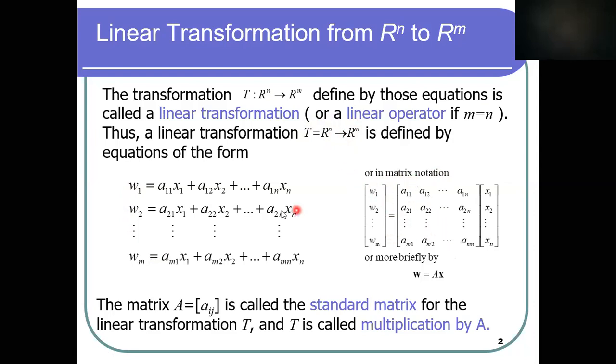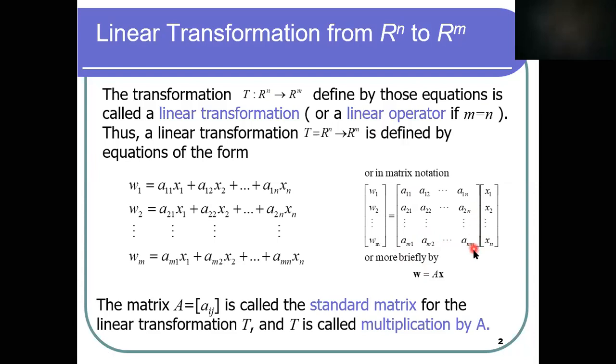If you write this system of equations in terms of matrix algebra, then w1, w2, w3, ..., wm is an element of the codomain, and x1, x2, x3, ..., xn is an element of Rn. If you multiply these, the matrix corresponding to this transformation is of order m cross n.